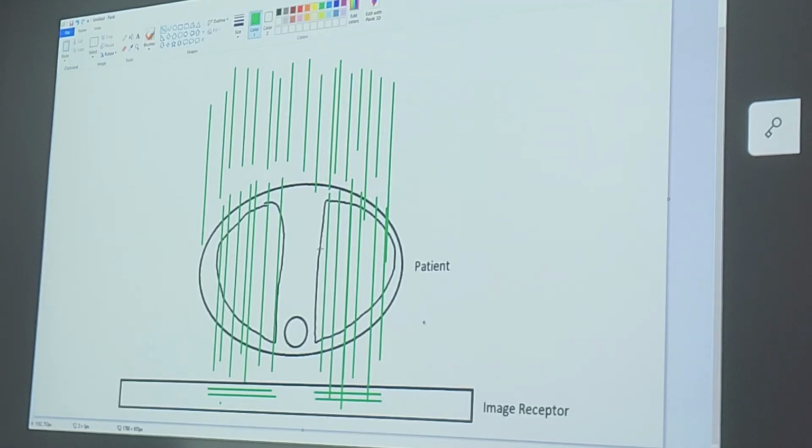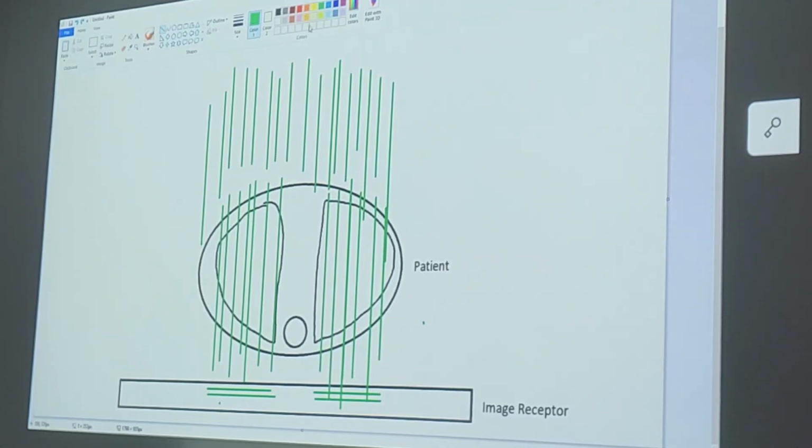Okay. What do we have here in the center? Spine. Right, so x-rays come through and they hit the spine. Alright, spine is made of what? Bone. So what's going to happen here? It's going to be absorbed, right? So not much darkness.